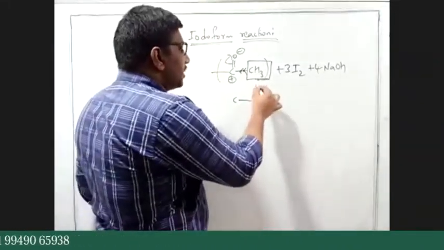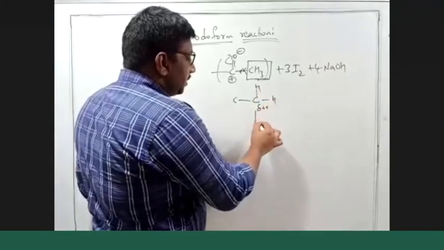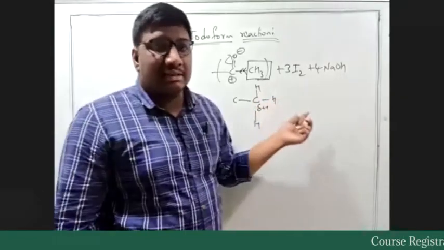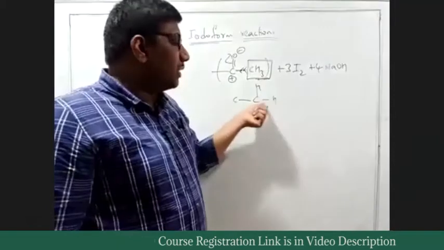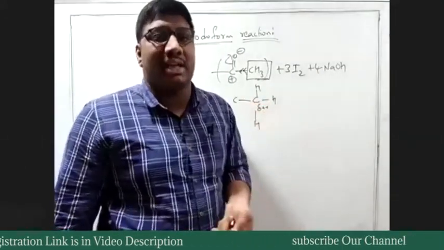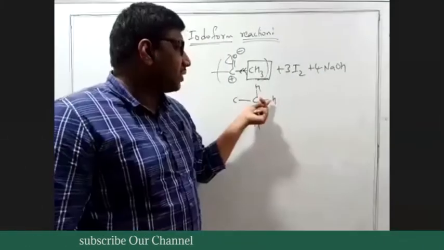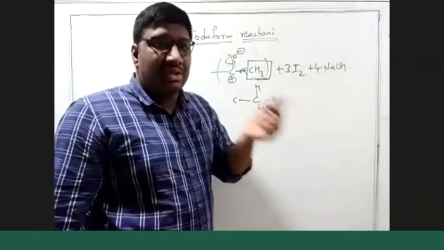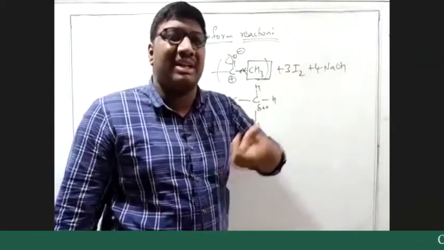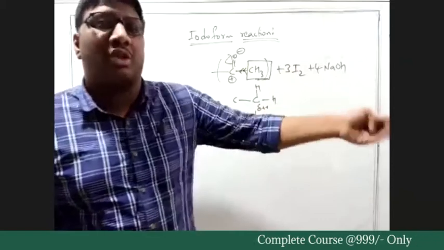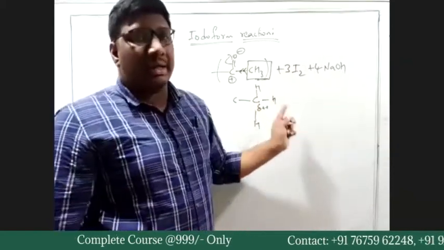As soon as the alpha carbon gets positive charge, the groups attached to that carbon, which are hydrogens, have electron density that tends to move towards this carbon to neutralize that charge. As the electron density between C and H moves towards carbon, the C-H bond becomes weaker.